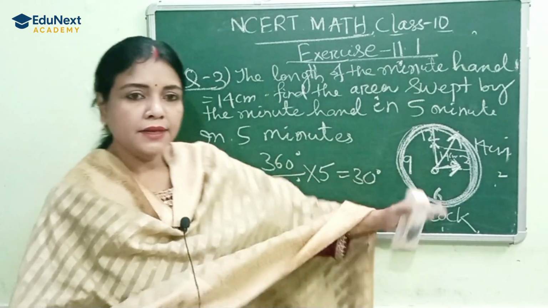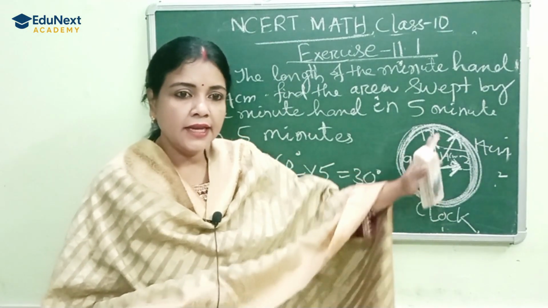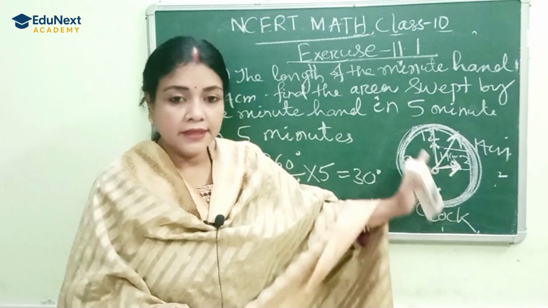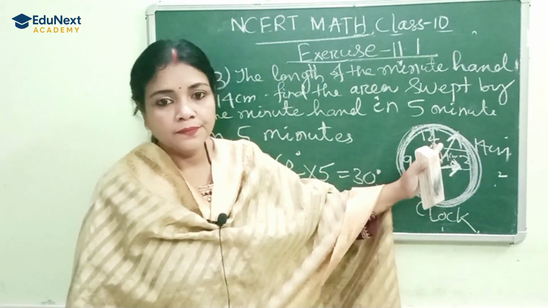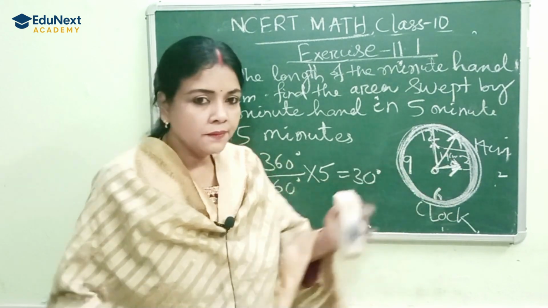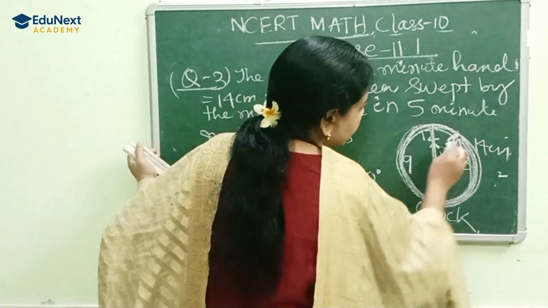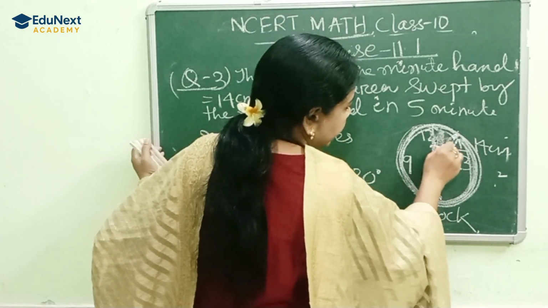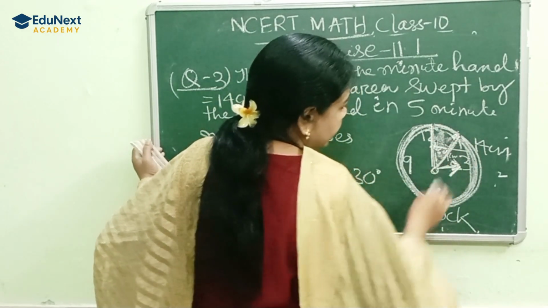That means in 5 minutes, the minute hand sweeps an angle of 30 degrees. Now let us find the area of the sector.